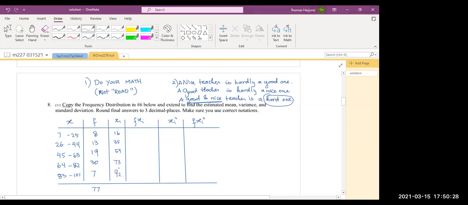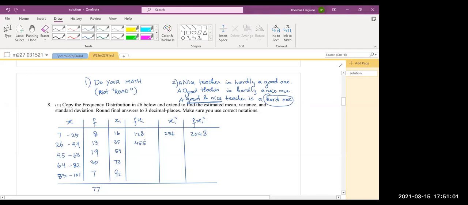Now then multiply by the frequency. 8 times 16 is 128. 16 squared, 256. 8 times 256 is 2048. 13 times 35, that's 455.